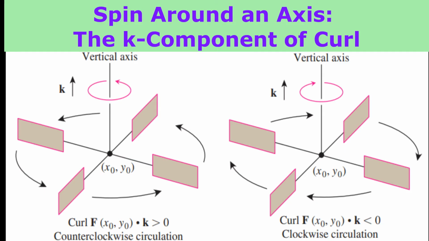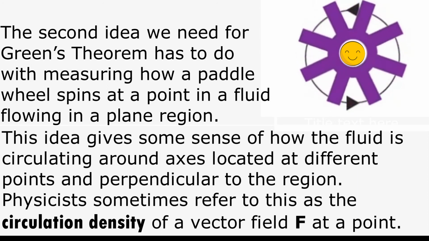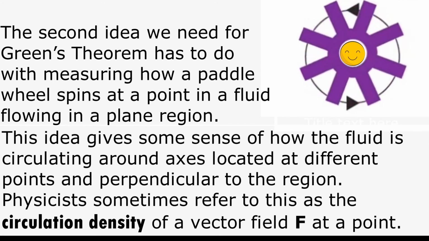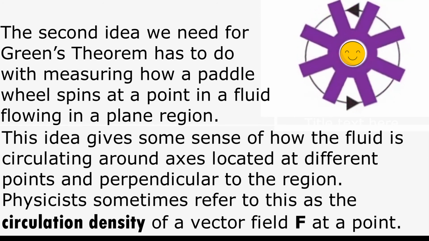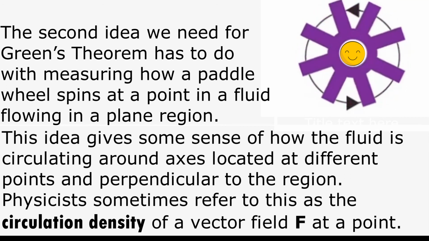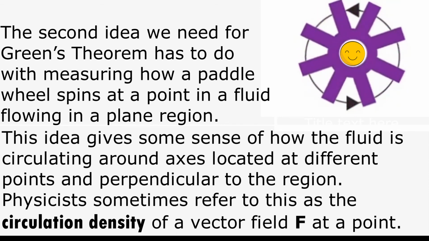Spin around an axis, the k component of curl. The second idea we need for Green's theorem has to do with measuring how a paddle wheel spins at a point in a fluid flowing in a plane region. This idea gives some sense of how the fluid is circulating around axes located at different points and perpendicular to the region.